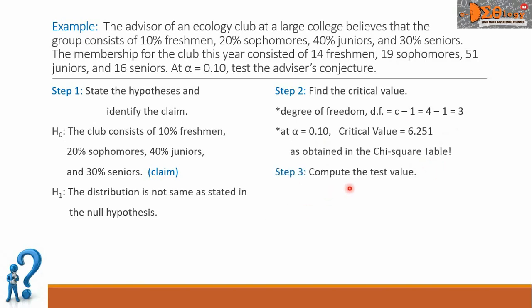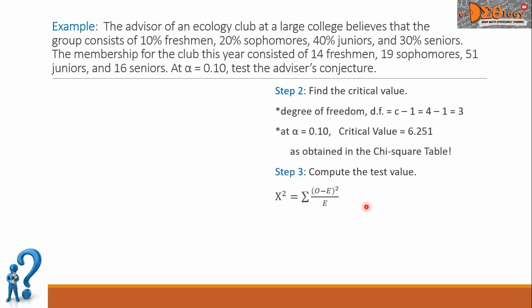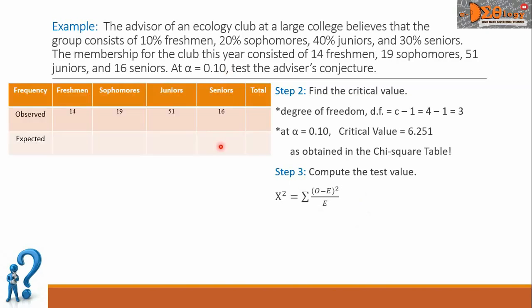Step 3, compute the test value. So we will compute the chi-square value using this formula. In computing the test value, it is advisable to put the data in a table. So we have here a table with 6 columns and 3 rows. The first column is for the frequency, and we write the observed and the expected frequencies.